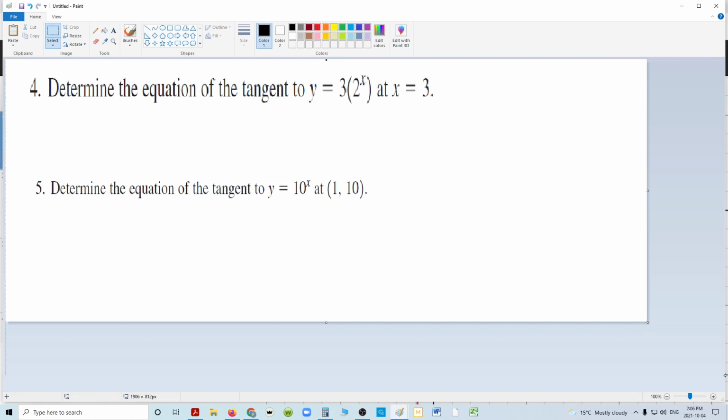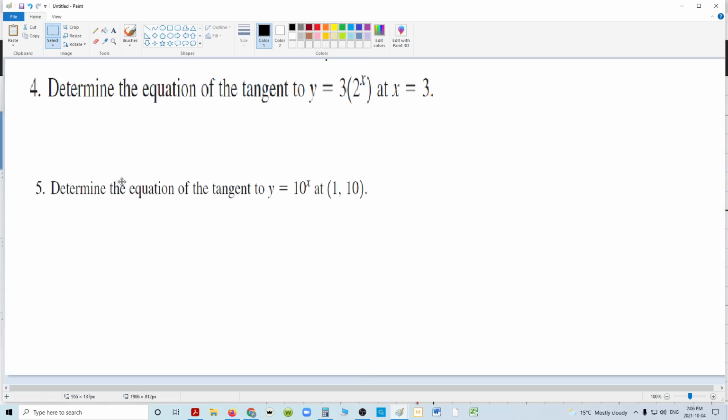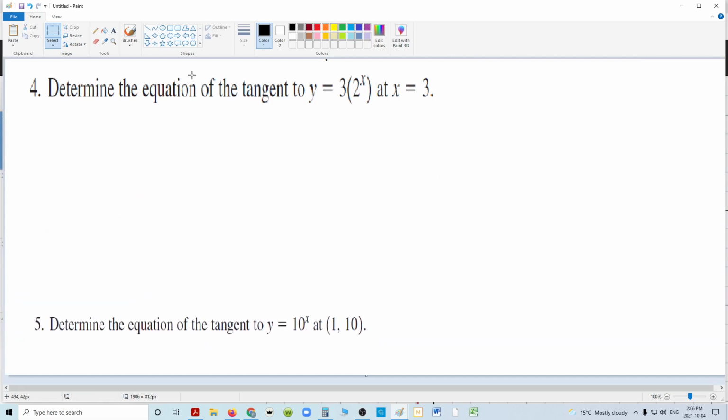And they're going to do it twice. First, we got to find the slope when x is 3. So we need to take the derivative. And the derivative of this is just 3 times the function itself, times ln of 2, times the derivative of the exponent, which is just 1.